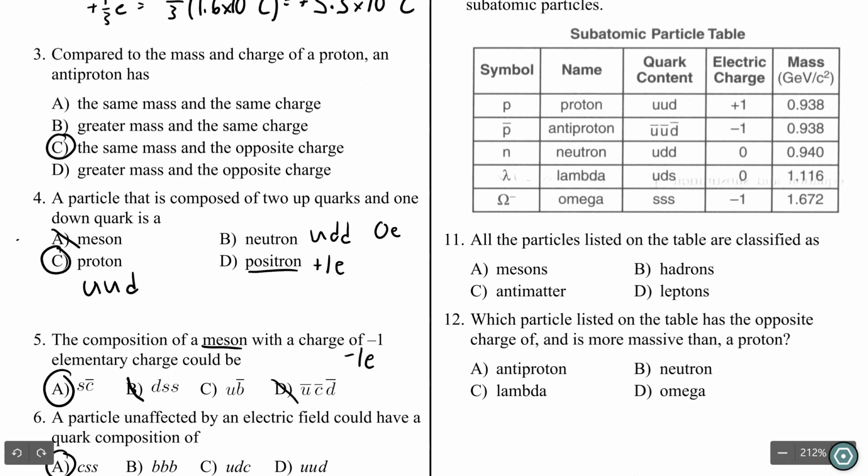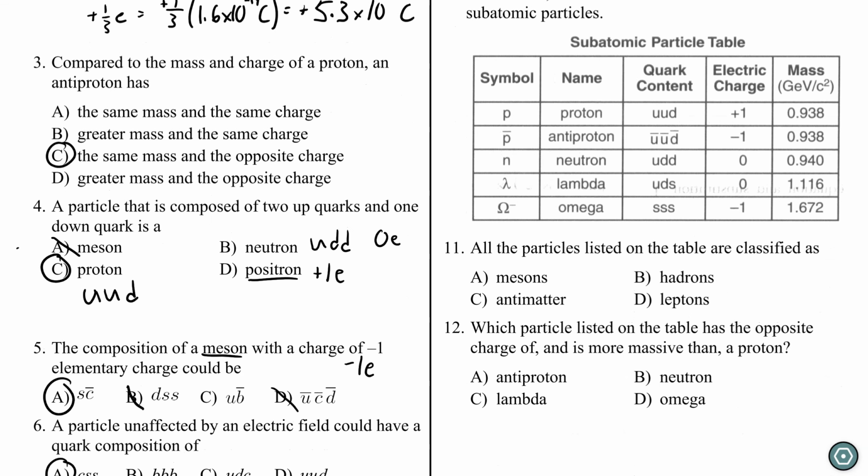Okay, 11 and 12 have to do with this table here. They give you the symbol for a bunch of different types of subatomic particles, the name of those particles, and the quark content. That's cool. And they even calculate the total charge for you. They didn't have to. We could have calculated that. But that was nice of them.